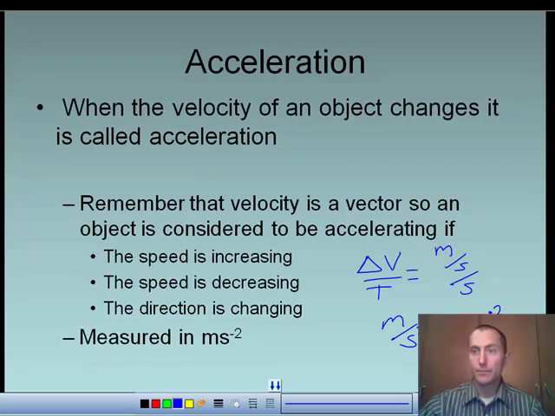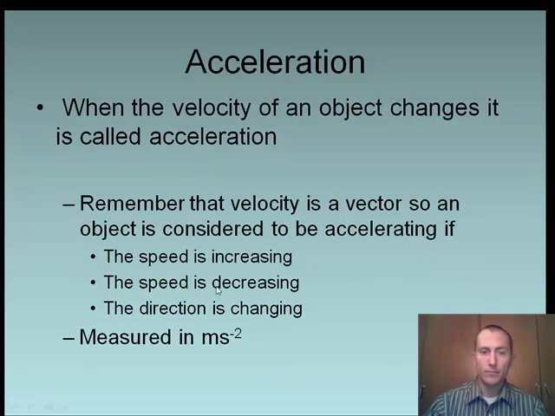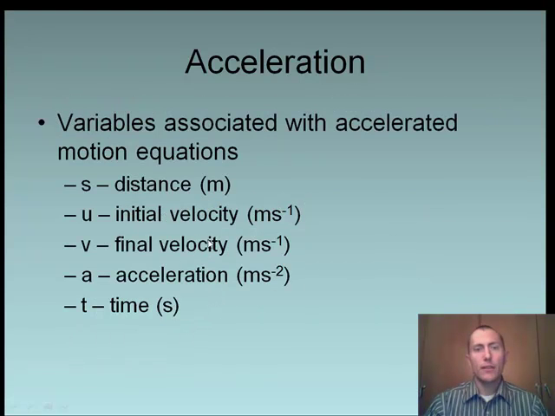Now within our acceleration equations, we're going to have a number of variables that are prescribed by IB, and you'll see them slightly different in different situations, but for us at this point, our distance and really our displacement also is going to be symbolized with a small s. It's measured in meters. Our initial velocity is going to be described with a lowercase u, and it's measured in meters per second.